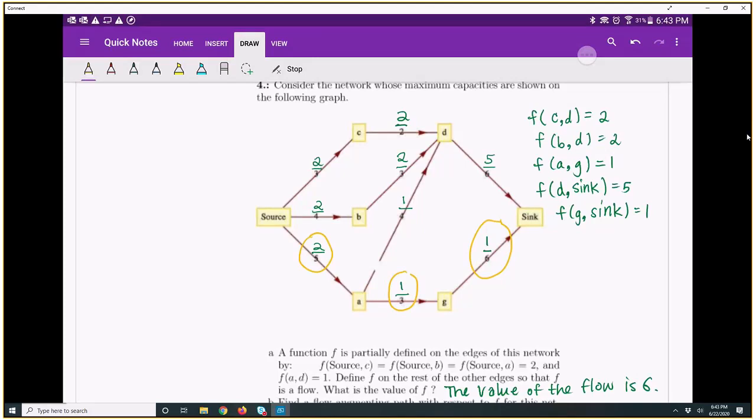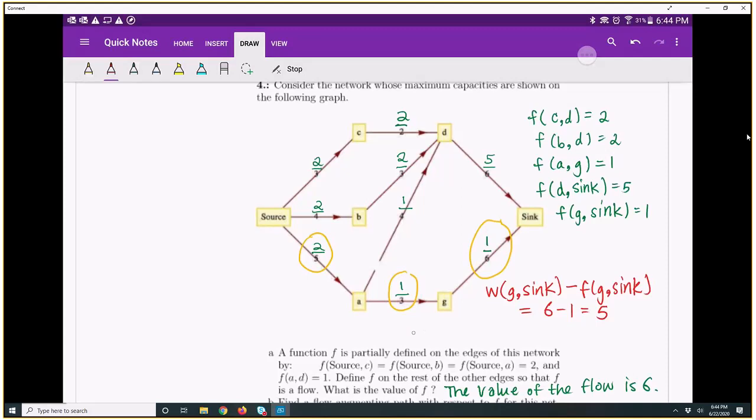So what I do is look at the difference between the capacity, or the weight of the edge, and the current flow. So I say the weight from G to the sink minus F from G to the sink, or the flow. Well, that's equal to 6 minus 1, and that's 5.